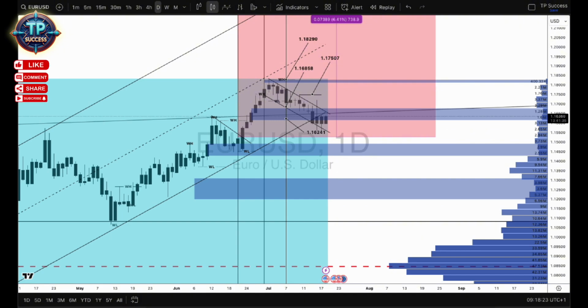So let me just have a quick look on FX Factory to see what kind of news we've got going on. Obviously you're not seeing me do this, but I am checking the other screen that I'm on just to see what kind of data is coming out today about Euro USD. So let's just have a quick look.